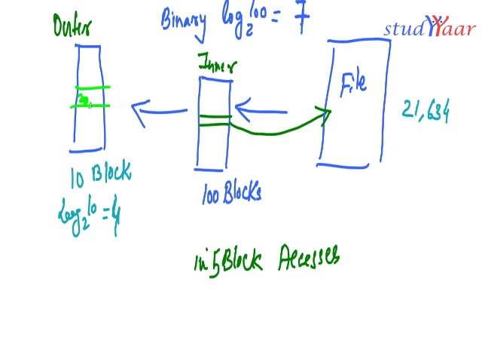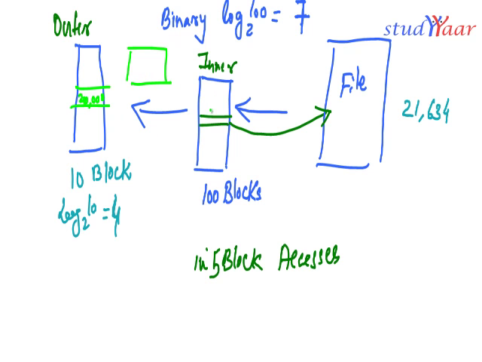So this search key would point to a block which would have search keys having values between 20,000 to 30,000, say 21,000, 22,000, 23,000, 24,000, and so on.